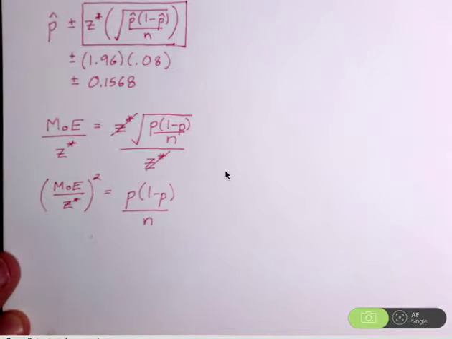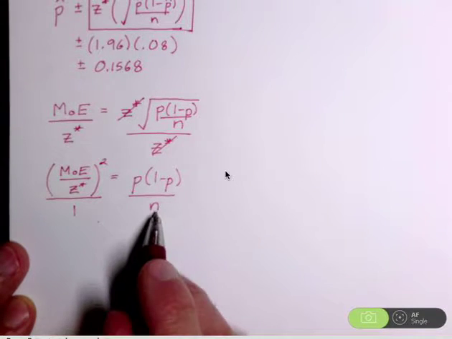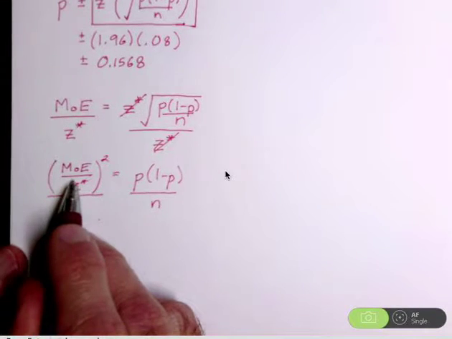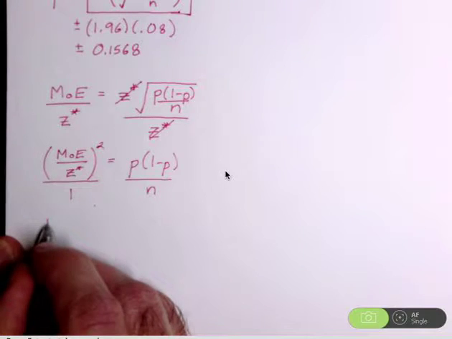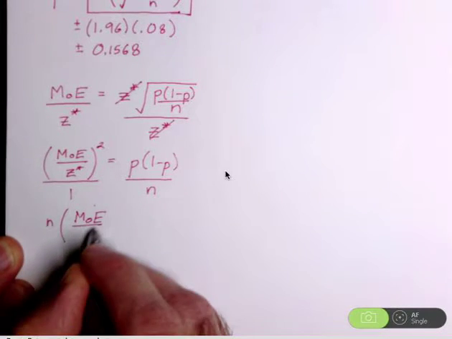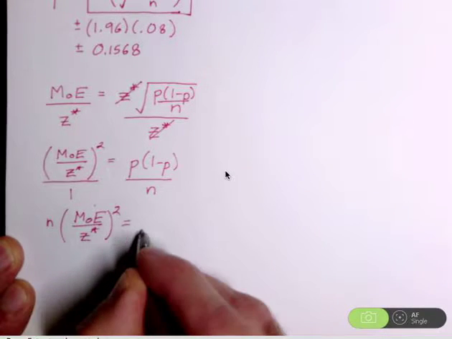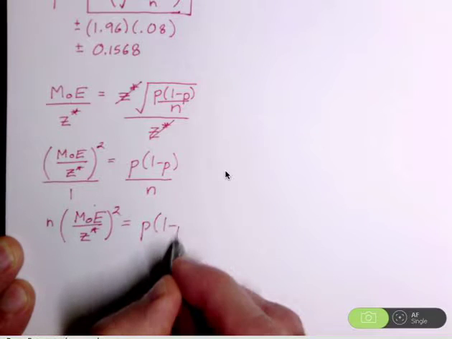So you can cross multiply in this case. So what we have is n times this squared expression, the margin of error over our critical value. That quantity squared is going to equal p times 1 minus p.